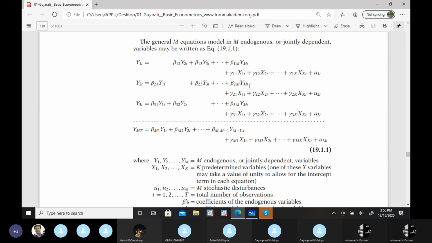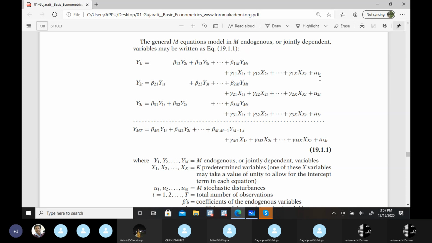Then there are other variables which are exogenous or predetermined variables. One of these x variables may take a value of unity to allow for the intercept term in each equation. That's just a description that these models are not without intercept. Maybe any of these x variables will become the intercept if the coefficient for that variable is 1.